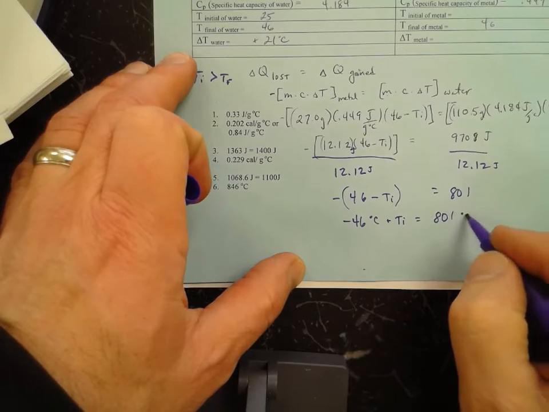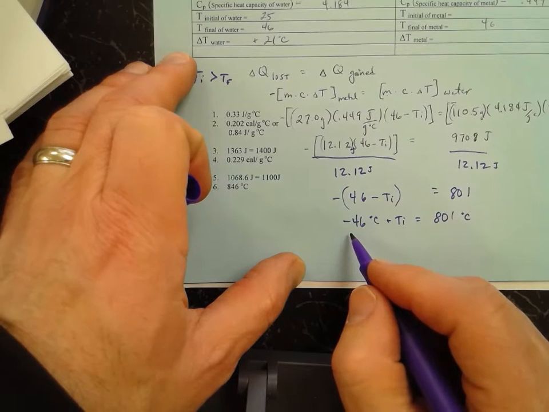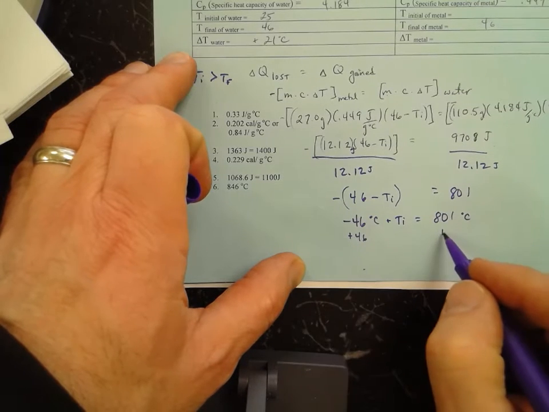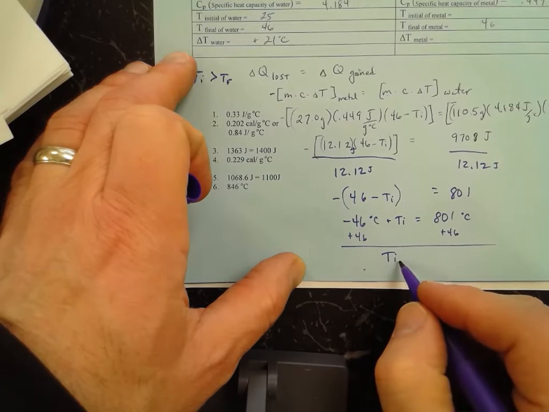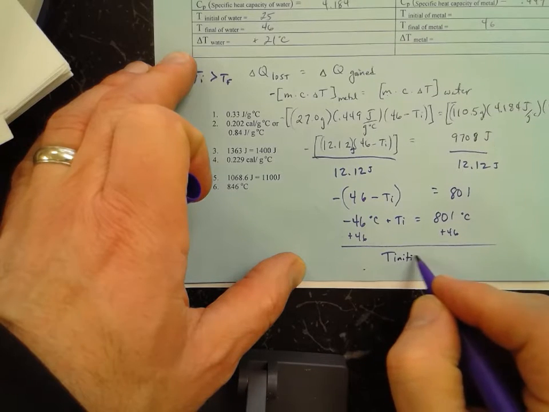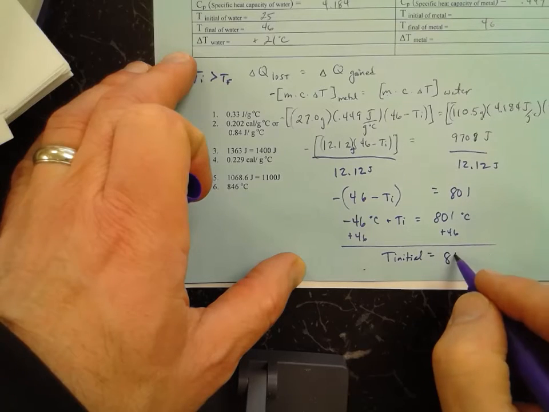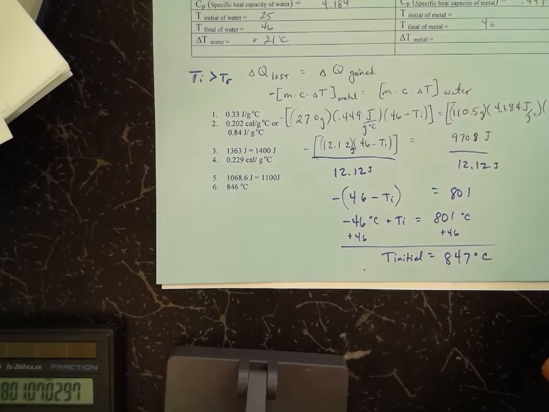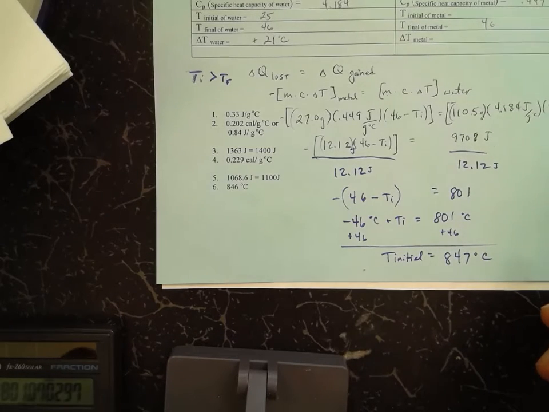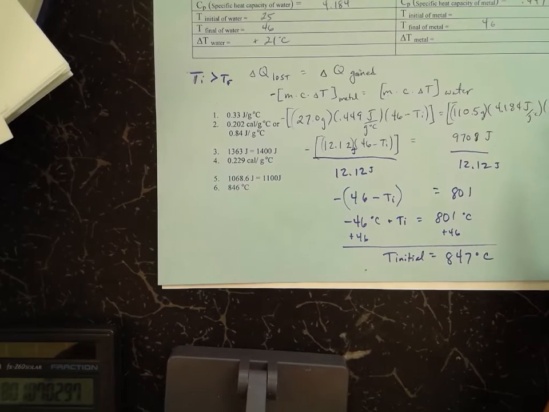This should have been degrees Celsius. So now when I add 46 to both sides, my answer is Ti is going to equal 847 degrees Celsius. So that's how that one is solved. Hopefully that helps.